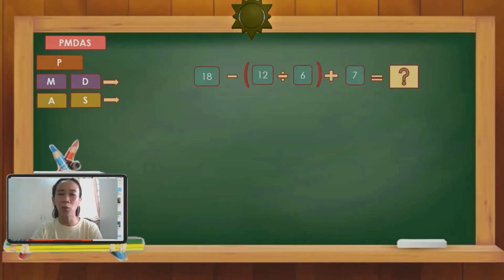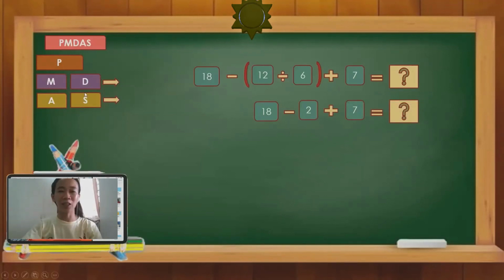One more example. 18 minus quantity 12 divided by 6, quantity plus 7. First, we will solve what is inside the parentheses. So that is 12 divided by 6. So we will copy 18 minus 2. 12 divided by 6 is 2, then plus 7. Next, let's check again.